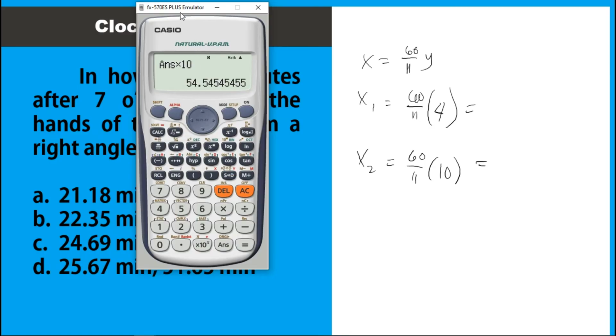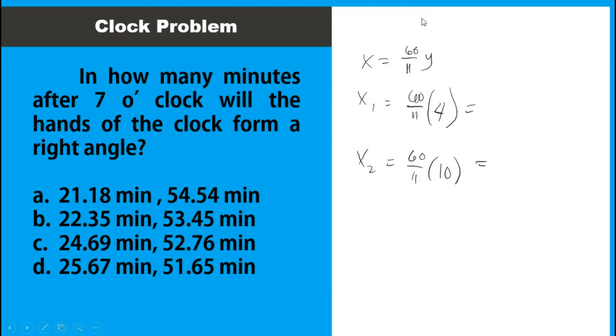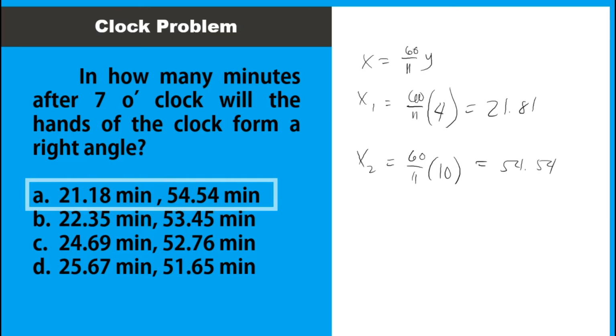We have 54.54. So that is letter A. I apologize for this. This is supposed to be 21.81. So this is 21.81, and this is 54.54. So this should be 21.81.